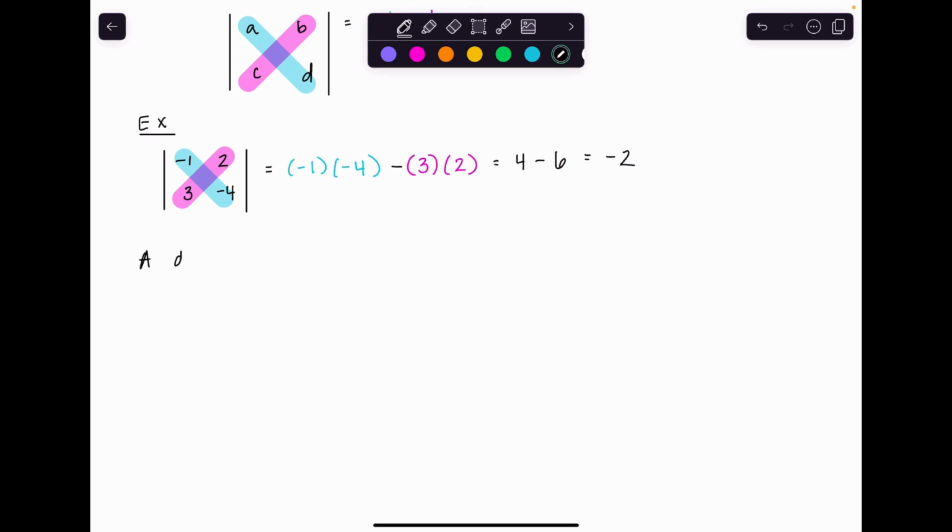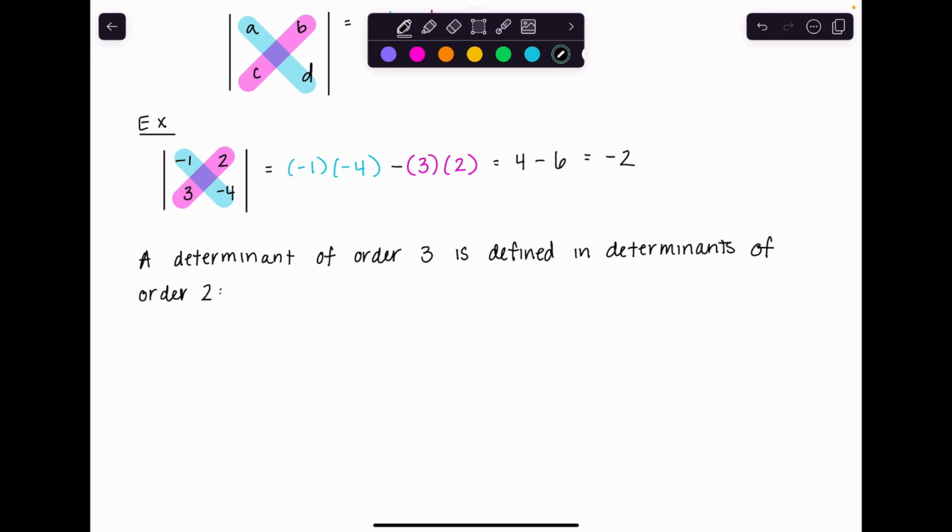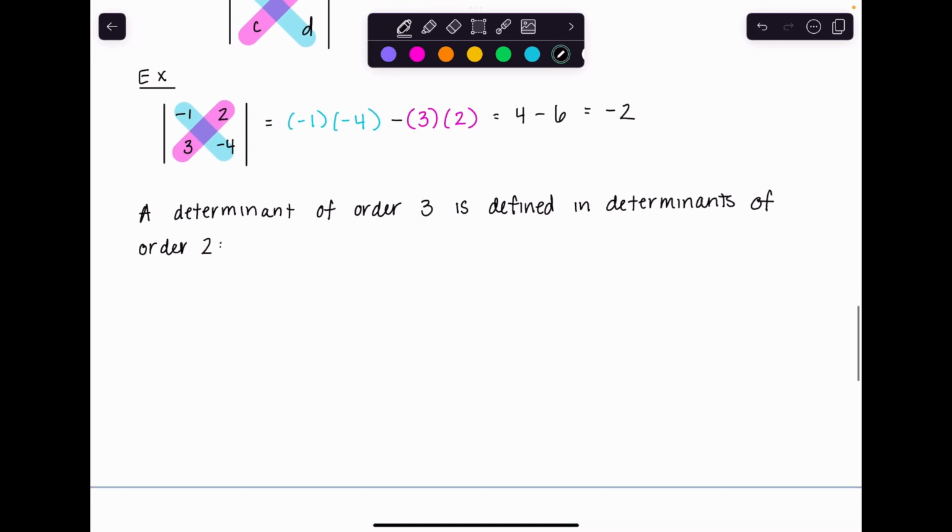So we say a determinant of order 3 is defined in terms of determinants of order 2. This one's a little harder to write everything out because I can't use A through whatever.